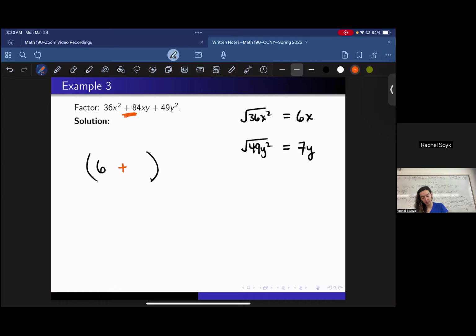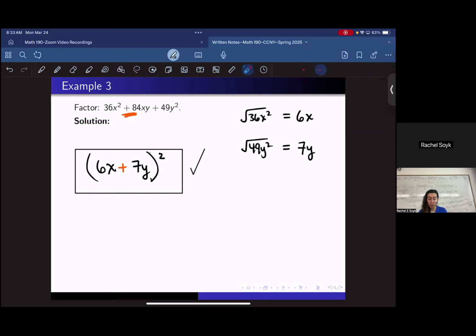It's positive, so we're looking at (6x + 7y) squared, and we're done. And you can always check the problem either off to the side or in your head. If you multiply these two, 6x times 7y, you get 42xy, and 42xy doubled gives you that middle term, 84xy. So you did it correctly.